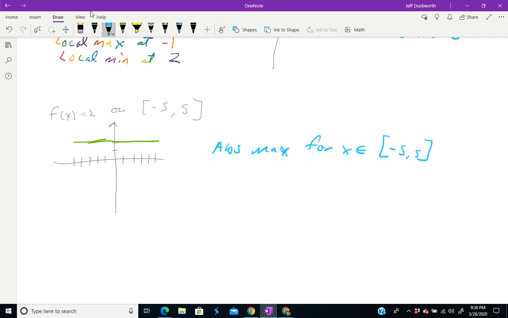And the same thing for the absolute min. Any value on the interval is also going to be smaller than all others. So that's kind of an odd case, but that's how you could look at a straight line. It fits our definitions just fine. And that is video 1 of this chapter.